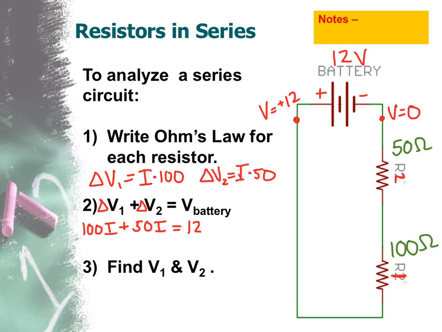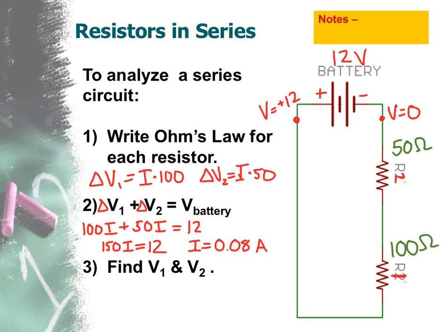Now I can use this to find the current. I combine like terms on the left-hand side, and I get 150I equals 12, and then I divide by 150, and I get 0.08 amps. So the current flowing throughout this entire circuit is 0.08 amps.